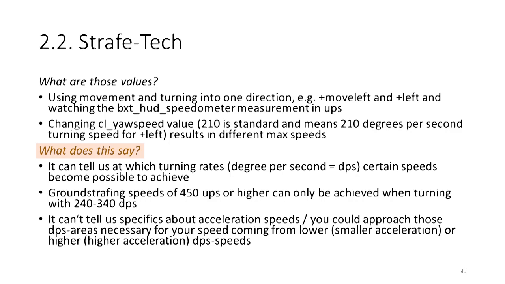This graph shows us at what turning rate certain speeds become possible to achieve, because the centrifugal force can either be followed and amplified or cancelled according to your further turning inputs. It gives us values that can be looked at and learned with for building muscle memory to achieve certain speeds for ground strafing. It can't tell us that much about the optimal curvature of acceleration, only how best to approach them when forming your movement.